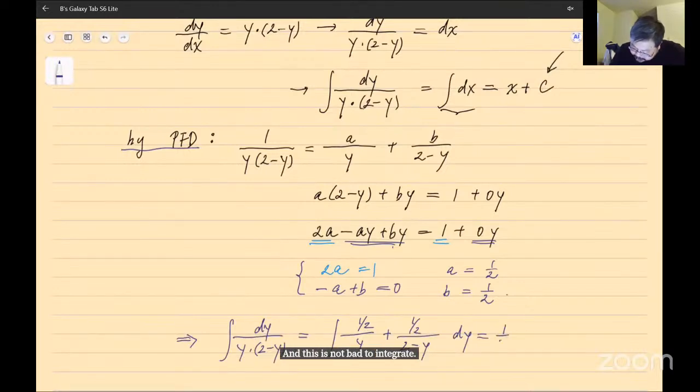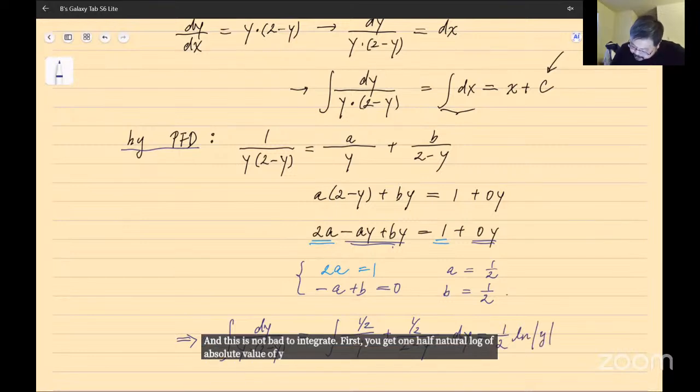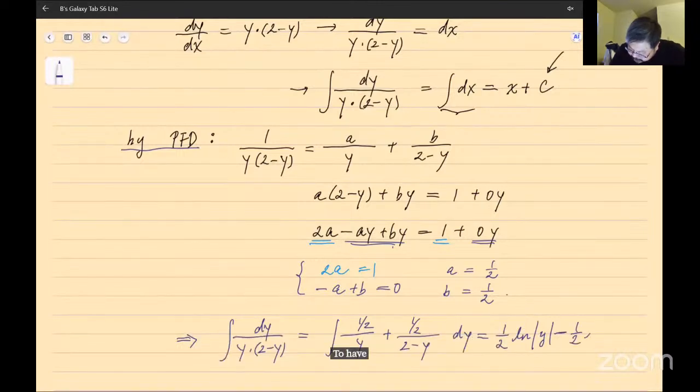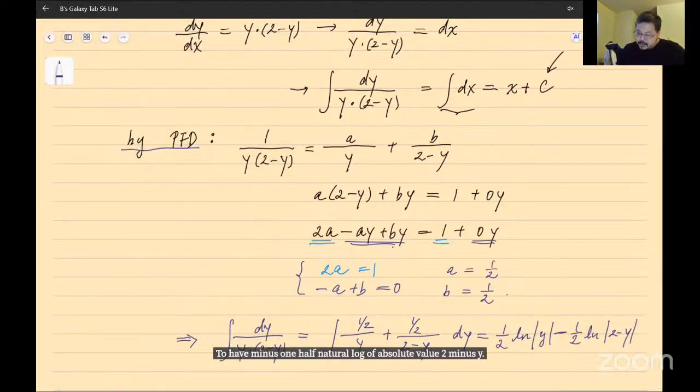First, you get 1/2 natural log of absolute value of y. And then the next one, because there's a minus sign in front of the y, 2 minus y, don't forget chain rule. We have minus 1/2 natural log of absolute value 2 minus y, like this. And there's a plus c, but we know that this plus c is going to combine with this plus c right here.